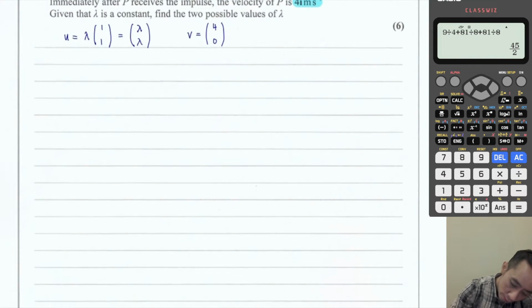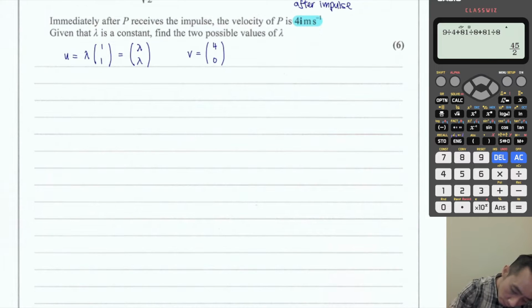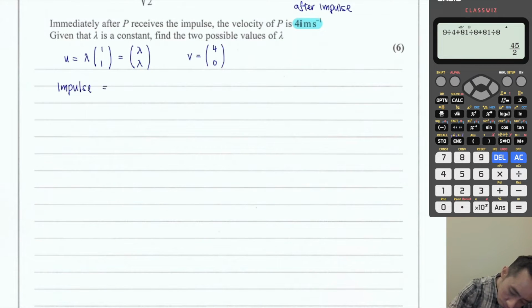So the change in momentum, so the impulse. We take the later minus the initial.